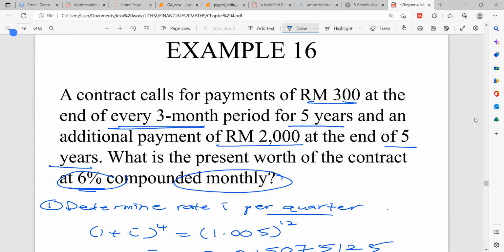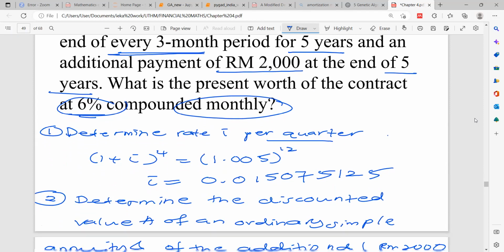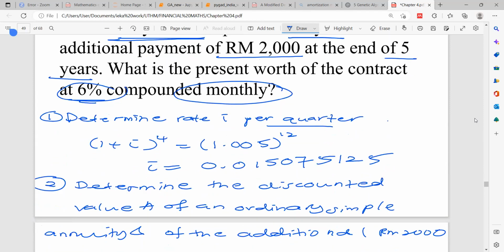So, kat sini dia adalah 0.06 tu kena bahagikan dengan 12. Okay, tapi payment adalah every 3 months, so adalah secara quarterly. So, kita dapat i kita. And then dia kata, what is the present worth? Okay, present worth tu maksudnya nak cari discounted value.